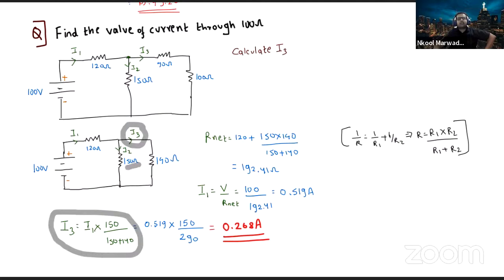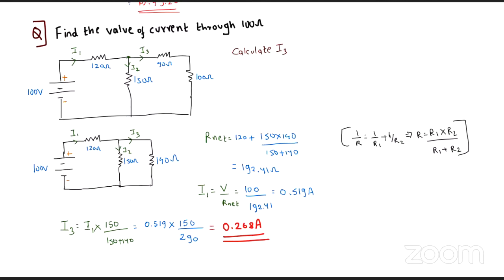Because I1 is getting divided into these two terminals, I2 and I3. So this formula, this technique you have to remember, very important. In some more problems you will come across this, and you will get an idea.